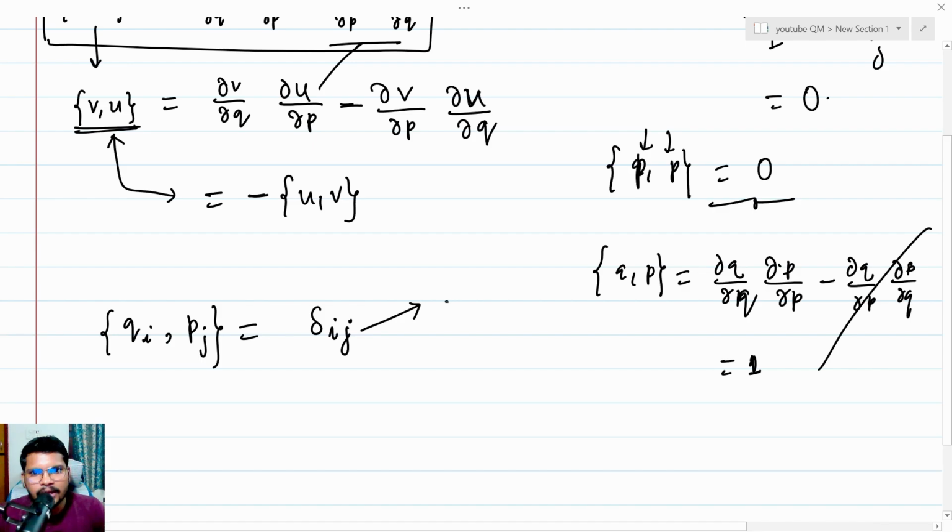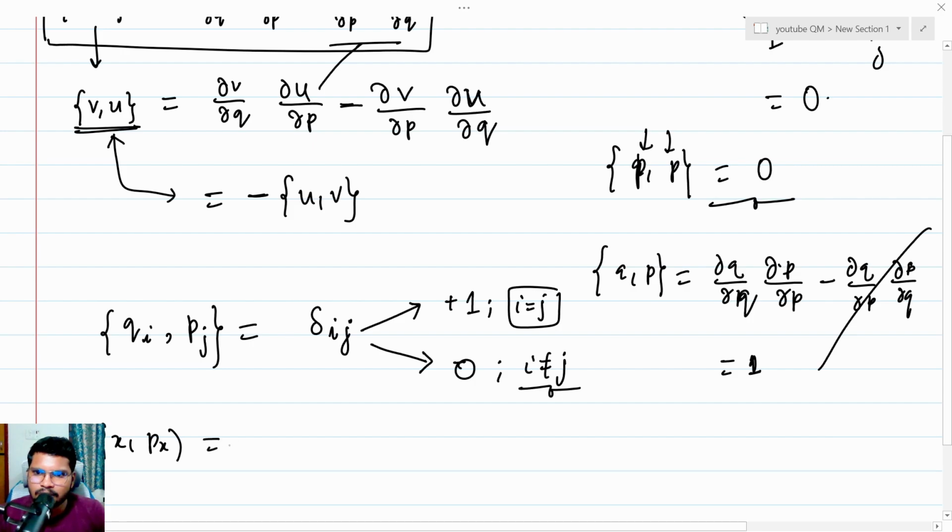Delta ij only gives you 1 when i and j are equal. If it is not, it's simply 0. What is the meaning of it? It says that x and px will be 1, but x comma py is 0.